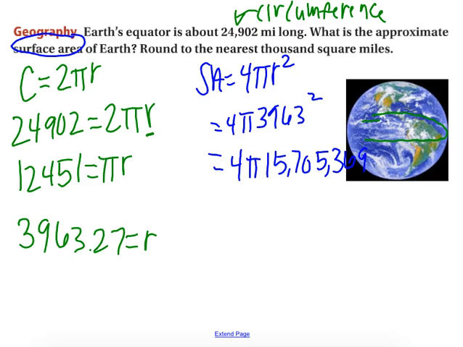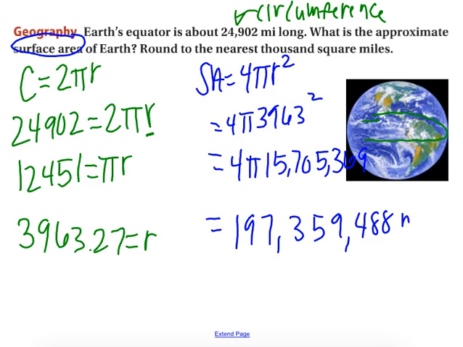So 15,705,369 times 4 pi is approximately 197,359,488 miles squared. Depending on how you round your radius, and if you use pi or 3.14, your answers might vary. As long as you're ballpark close enough, I think we're in good shape.